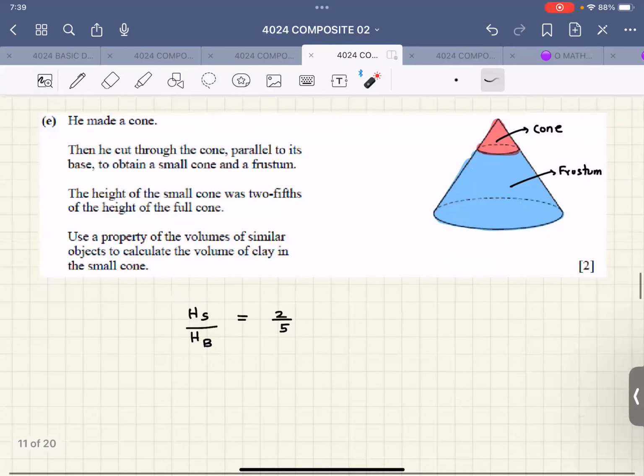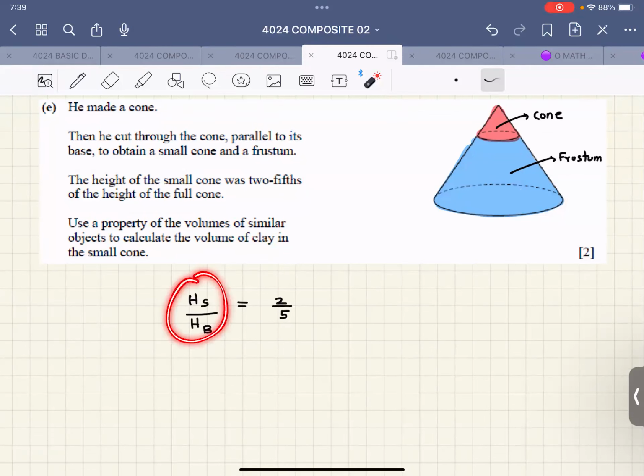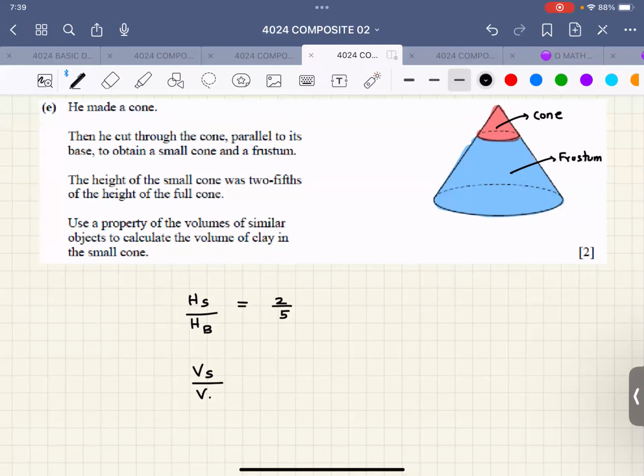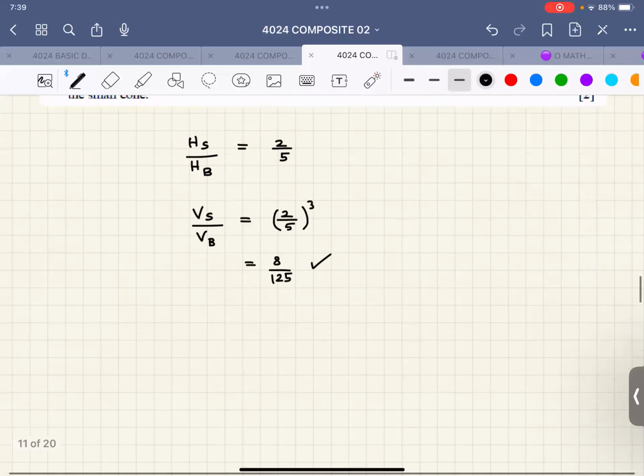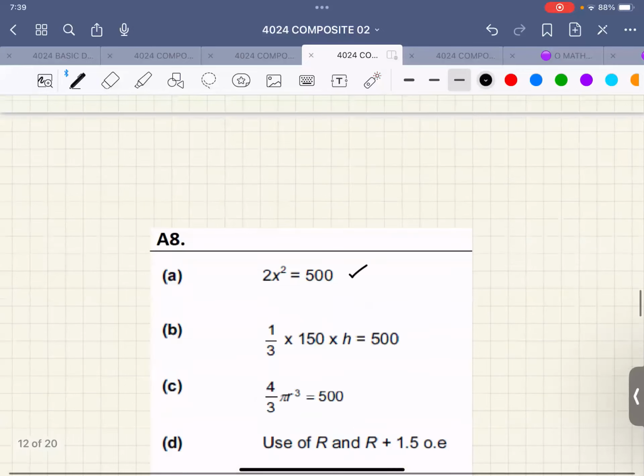So if the ratio of length is 2:5, then the ratio of volume of small cone to volume of the big cone is (2/5) cubed. That comes out to be 8:125. This is the ratio, and that is what is written over here.